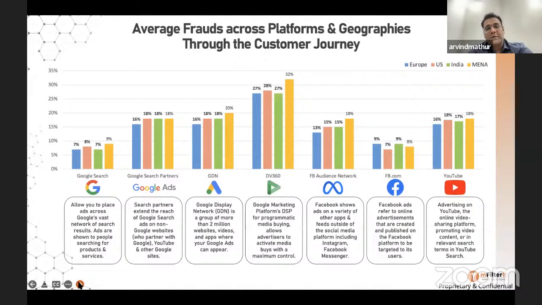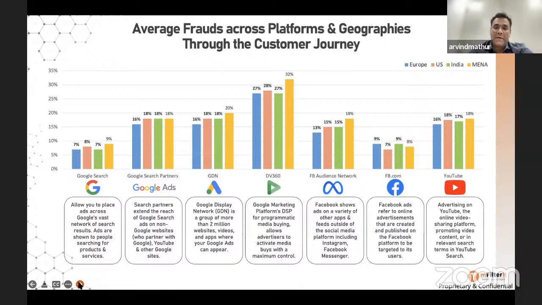What we also observed is that when we evaluated multiple campaigns across multiple geographies, and this specific slide becomes interesting because it gives you an indication of what kind of leakages might be there within your own campaigns as a brand, right? You would observe that Google search with search partners, Google Display Network, DV360, Facebook Audience Network, Facebook.com, YouTube, all of these campaigns have fraud on them.